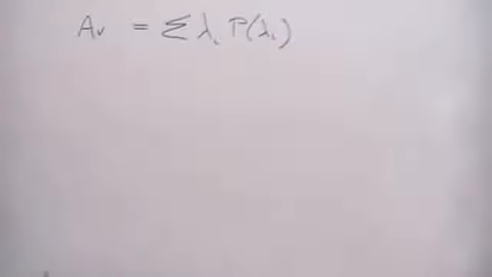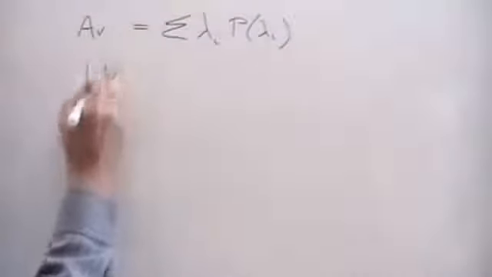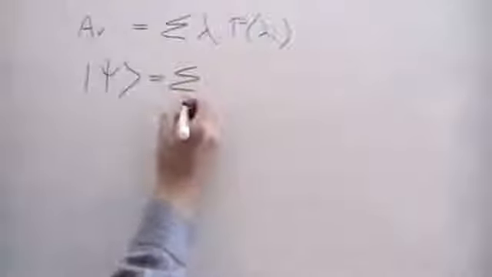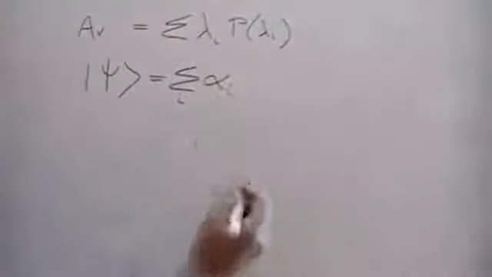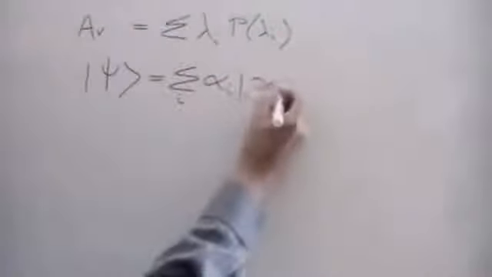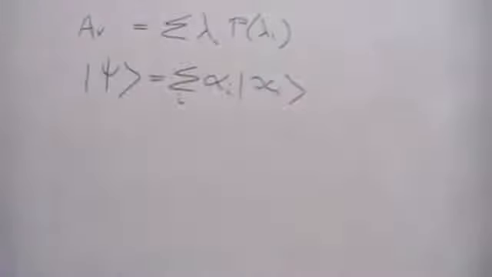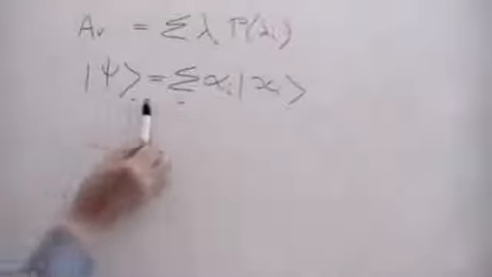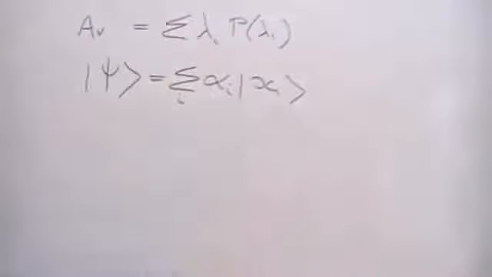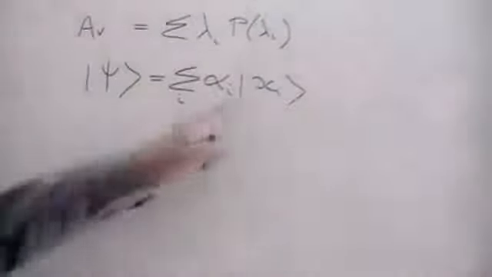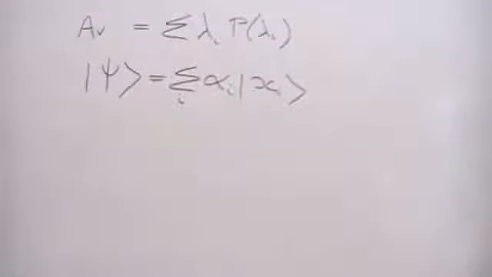Now I just need to remind you that we have shown that the eigenvalue, or the wave function, can always be expressed as the sum of probability amplitudes multiplied by the basis vectors. And you have to use all of them. It's a complete set of basis vectors, because this is the superposition of all these states with a probability amplitude for each of the basis states.